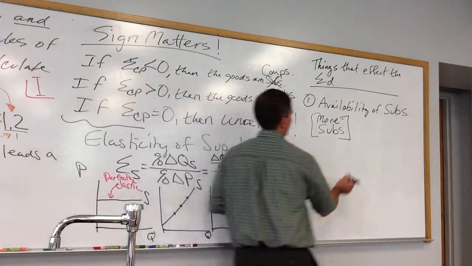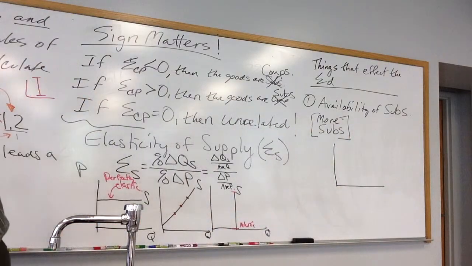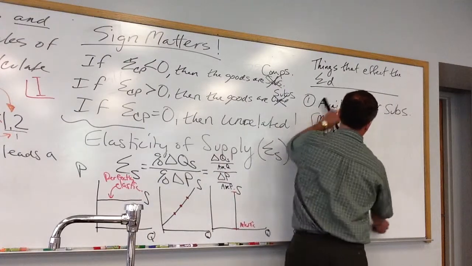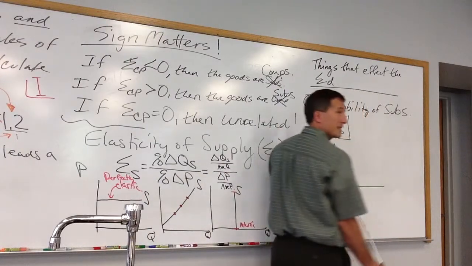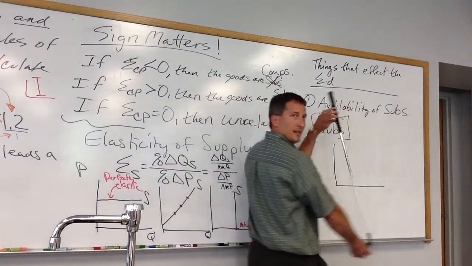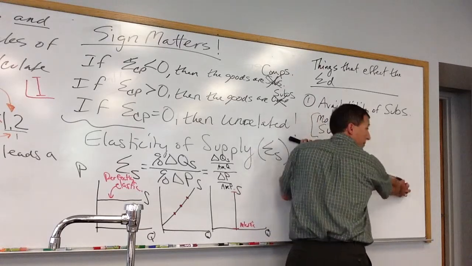If we're to look at the demand curve, would that make the demand curve steeper or flatter with more substitutes? Lots of substitutes available. Flatter, because you have more options. That's right.